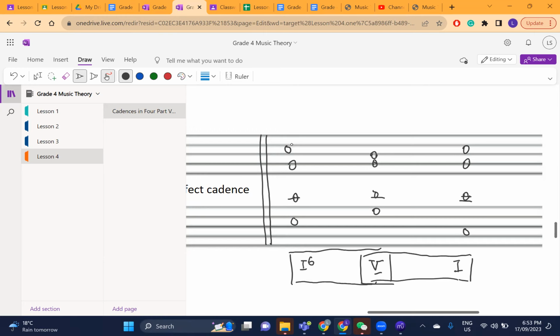Now, when I have a 1/6, notice that 1/6 will sound relatively more unstable compared to the root position chord, because the root has more pull down to the top. Listen to this.